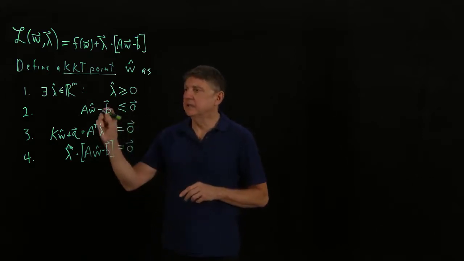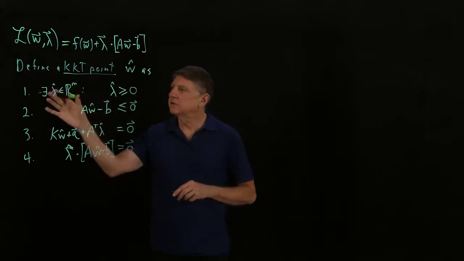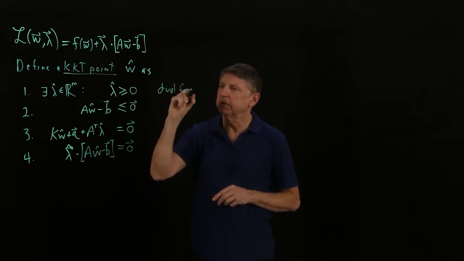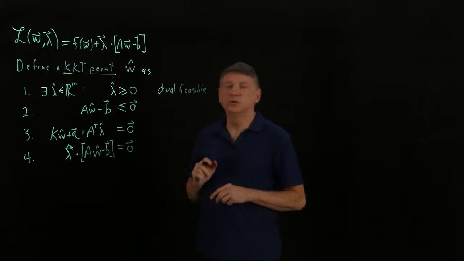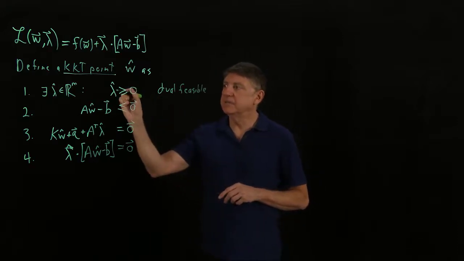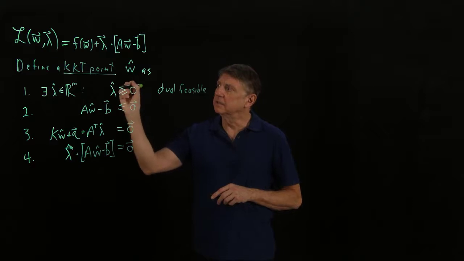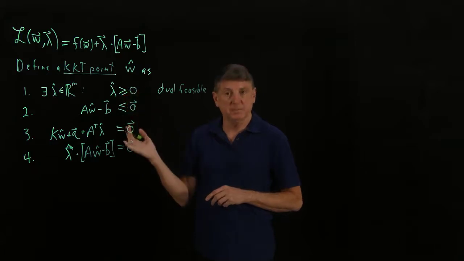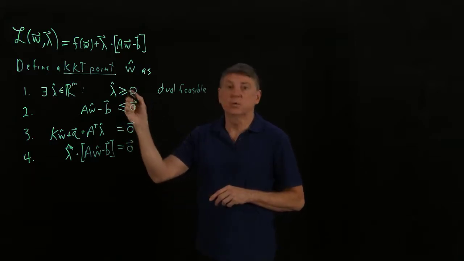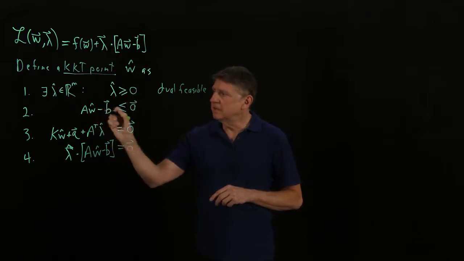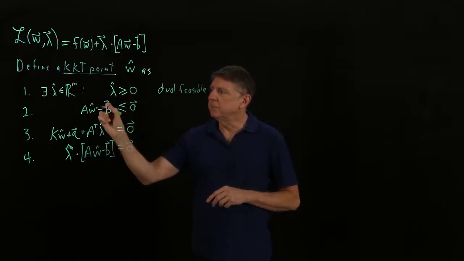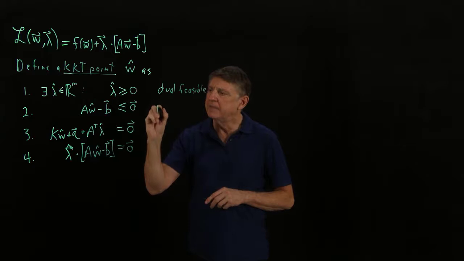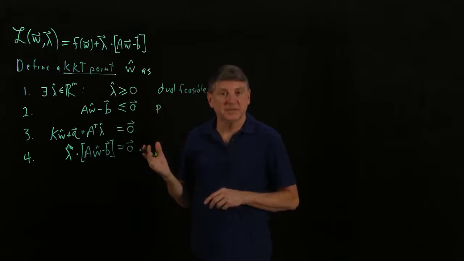So in English, we'll have terms for these. We'll call the first one dual feasible. Dual feasible means simply that the Lagrange multipliers associated with the KKT point all have to be non-negative. They might be 0, but generally they're 0 or they're positive. The second means that the KKT point has to satisfy the linear inequality constraints, and that's what we explored in the previous sessions for this lecture.